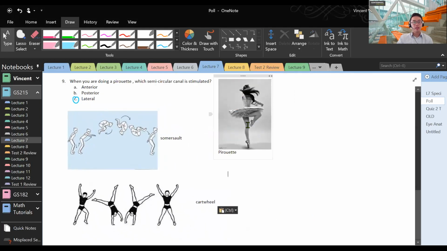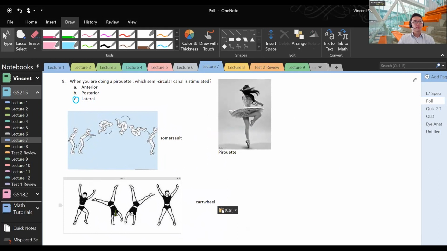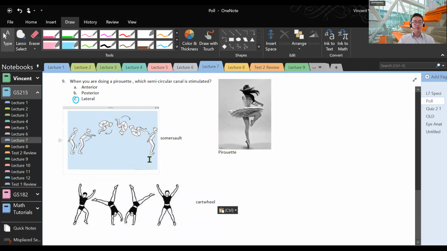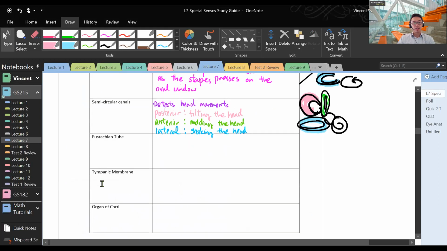So pirouette, lateral, somersault, anterior, cartwheel, posterior. Yeah, backflip as well, right? Yen said backflip would be the opposite of somersault, which would also stimulate the anterior one. Excellent. Okay, moving on.